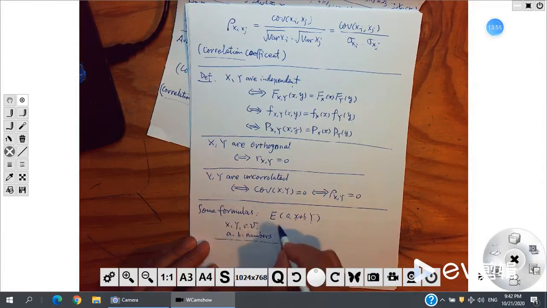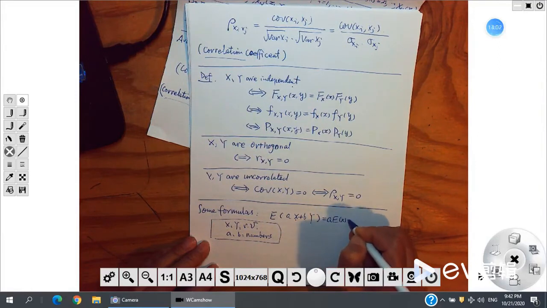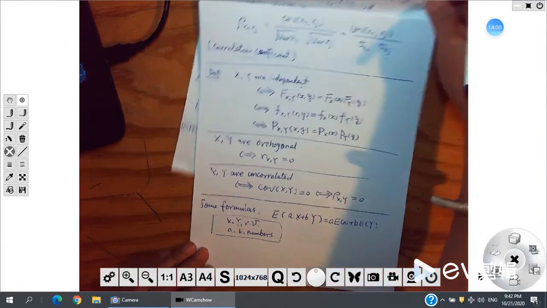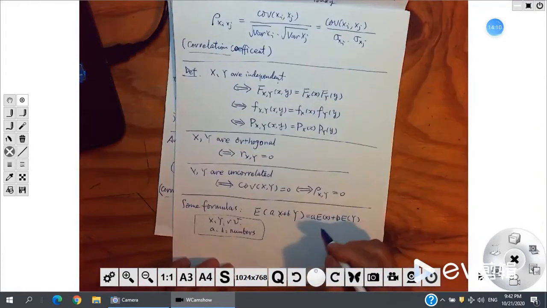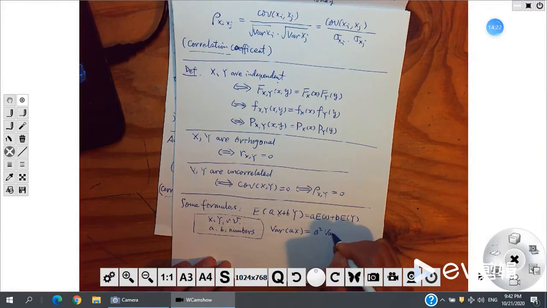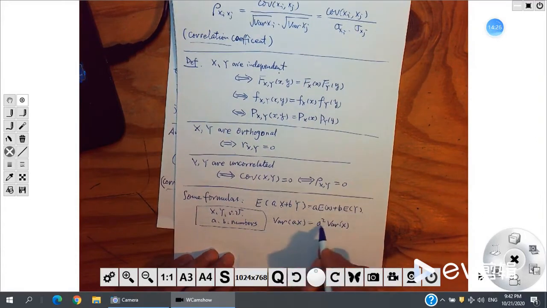Then E of AX plus BY equals A E of X plus B E of Y. For the variance of AX, it equals A squared times the variance of X. You move A out, you need to put a square.